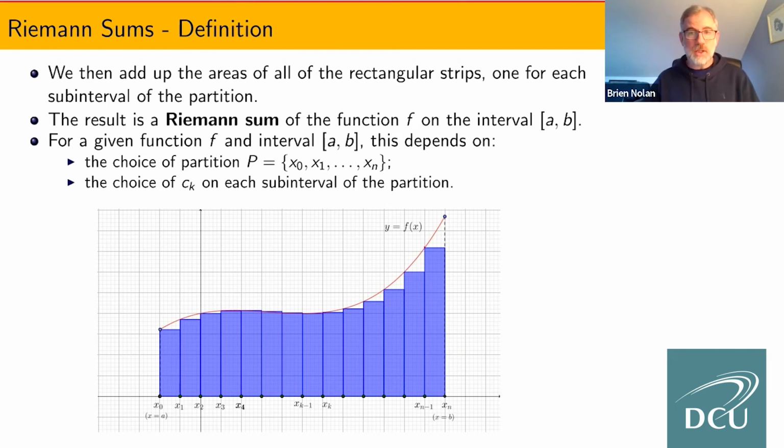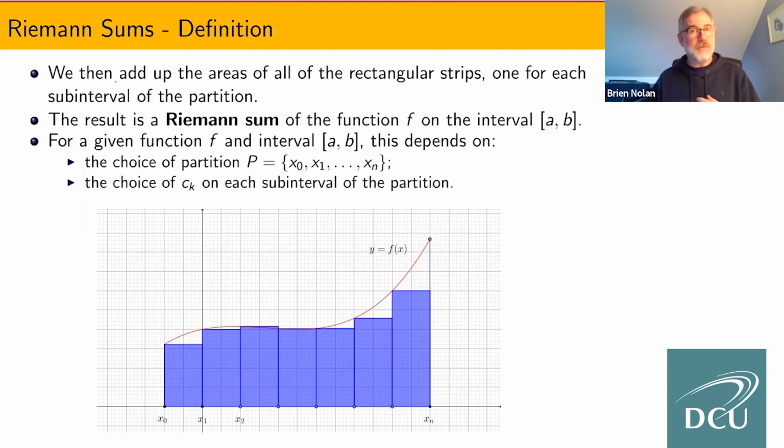So rather than touching the graph at the midpoint, the rectangles are touching the graph at the left-hand end of the subinterval. And that's a legitimate choice. Third example, here I'm using a different partition, but again following that rule that I construct the rectangle by using the ck that's at the left of the subinterval.